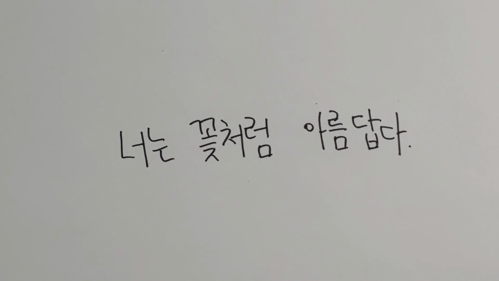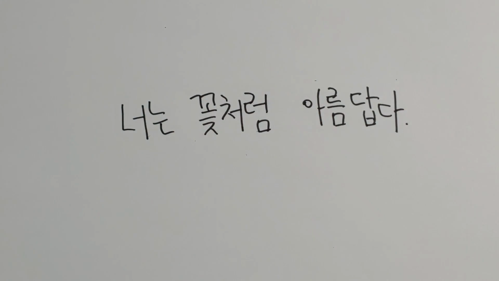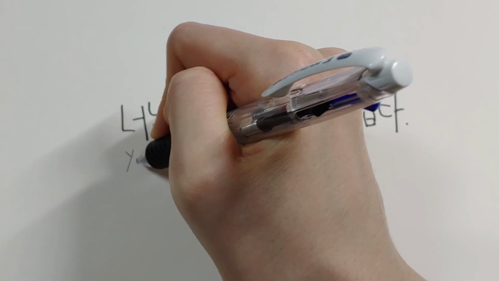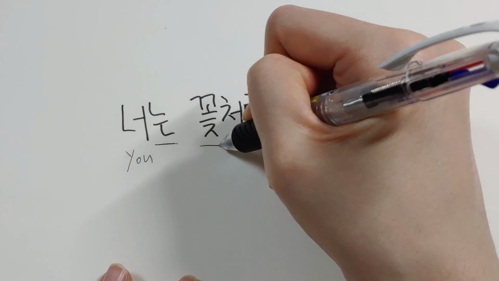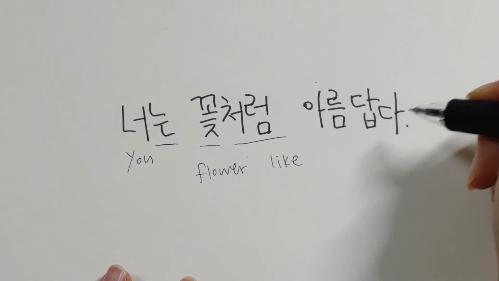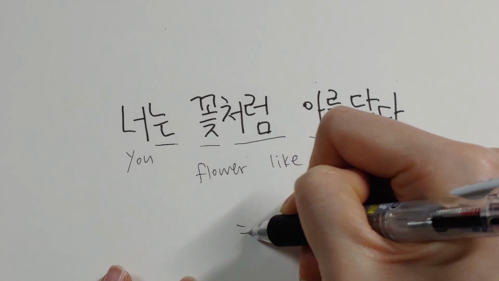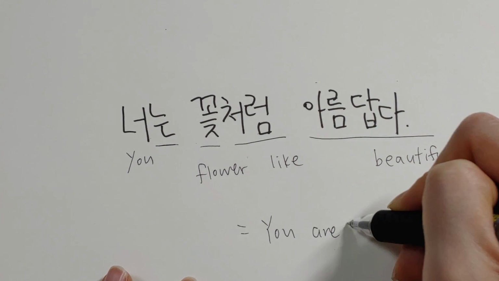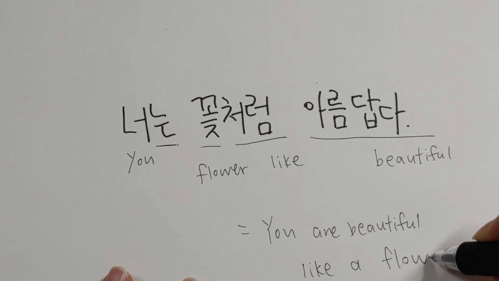Okay, so if you remember everything we learned in this lesson, then you can know the meaning of this sentence. I'll give you 5 seconds to figure it out yourself. You, subject marker, right? Flower, like, 아름답다, beautiful. So this means you are beautiful like a flower.